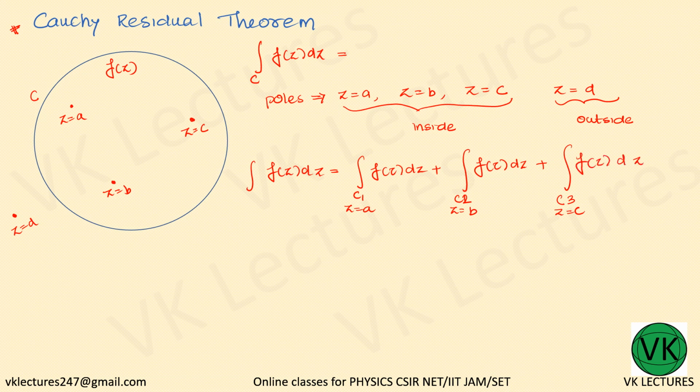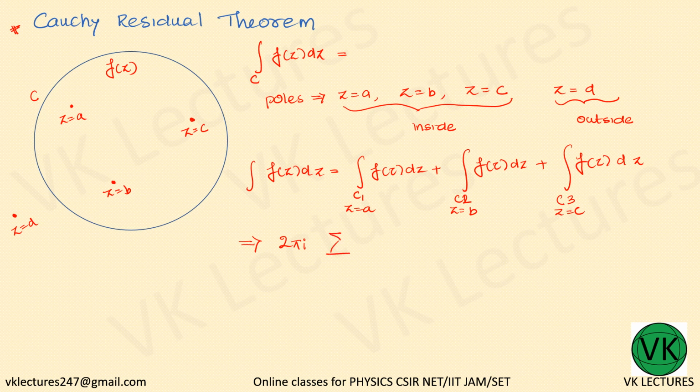Okay, so this integral is nothing but 2 pi I, and all these integrals, over c1 at z equal to a, over c2 at z equal to b, and over c3 at z equal to c, are all the residues.